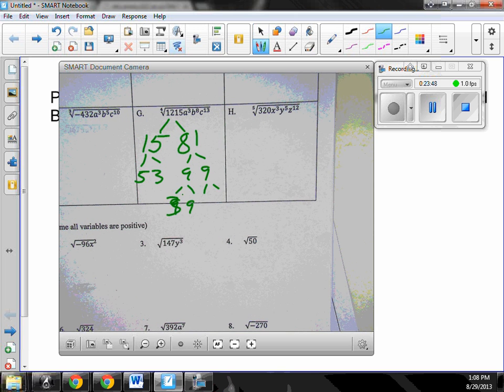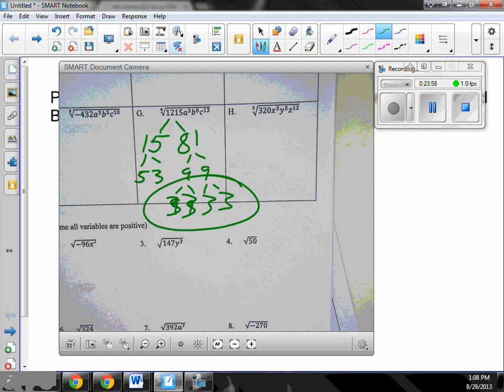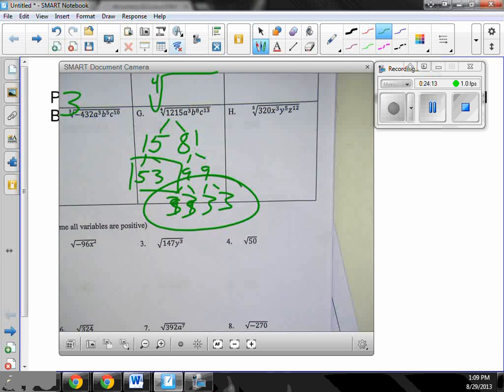Oh, sorry, that's a 3 and that's a 3. Do I have any quadruples? Yes. If this were a negative number, would I need an i? Yes, because it's an even root. Anytime you have an even root, you need i's. So, 3, 4th root, my leftover is 15. Those are the unused numbers.